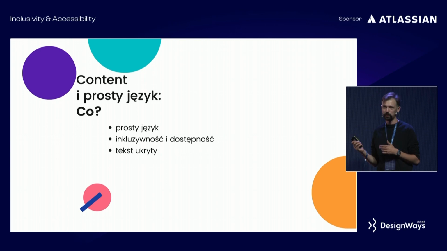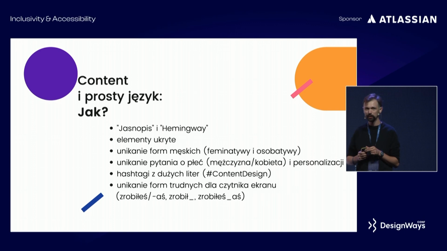There are some particular guidelines for content, but accessibility is interdisciplinary and we are all responsible for it. It's worth using simple language, applying inclusiveness and accessibility, and remembering that content is not only what we see and not only visual aspects, but also something more. Let me tell you about that.